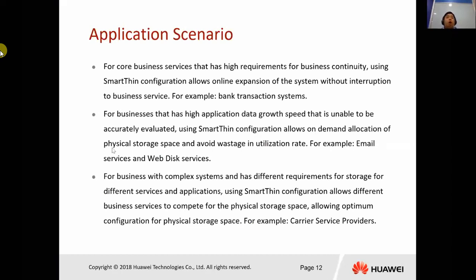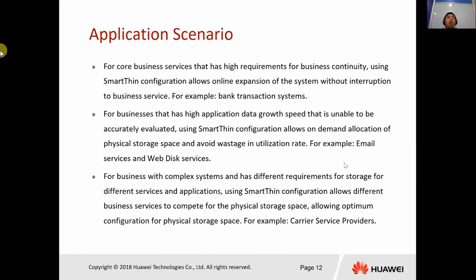So using SmartThin configuration allows on-demand allocation of physical storage space and avoids wastage in utilization rate. For example, email service or web service. All these kinds of applications where you cannot determine every day what the trend is, how many GB you need per day. In this case, you can make it a ThinLUN. If you need it, you request from the system. If you don't need it, then other applications can use that space. So you have better space utilization.